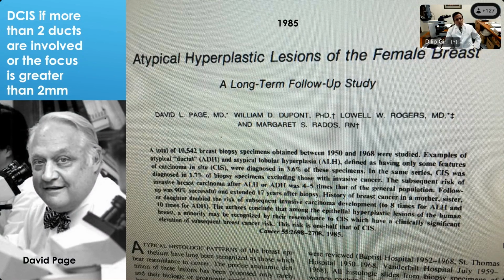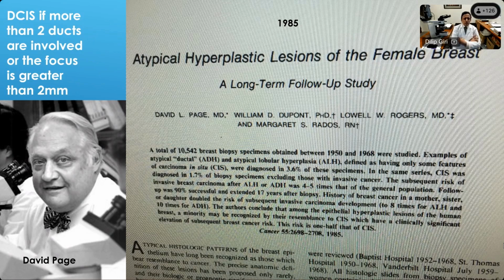And what Page concluded was that if more than two ducts were involved by atypical proliferation, or if the span of such lesional changes exceeded 2 millimeters, then such a lesion would represent DCIS. If it was lesser than that, then that would qualify as ADH.